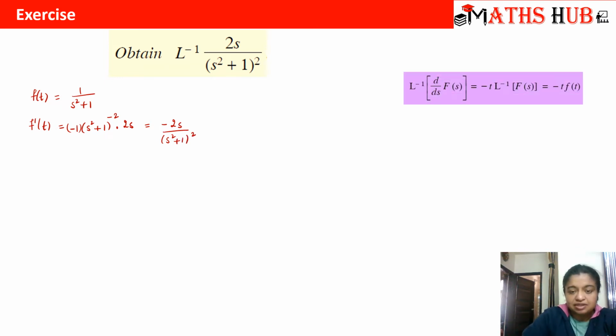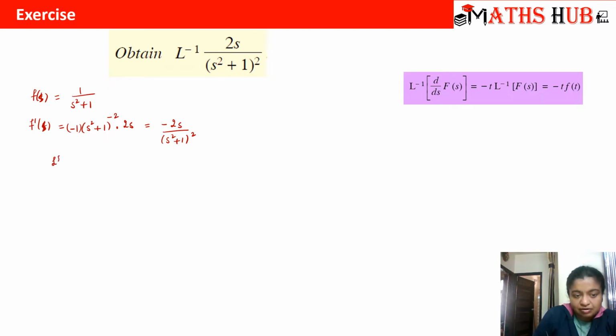So if I use the derivative formula, we know that Laplace inverse of first derivative of F(s), so d by ds of F(s), will become minus t into f(t), right? So in this case, since it's not a function of t, I can say this is F of s and this is F dash s, right? So let us apply this formula.